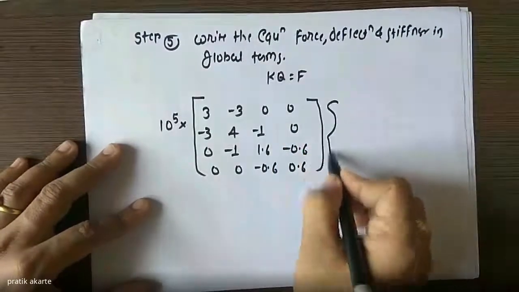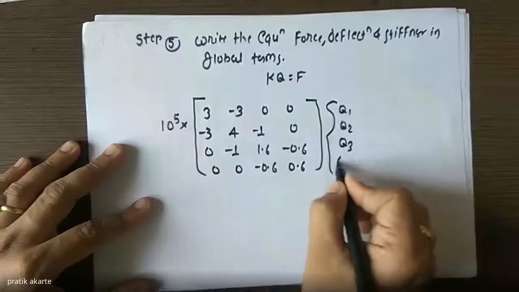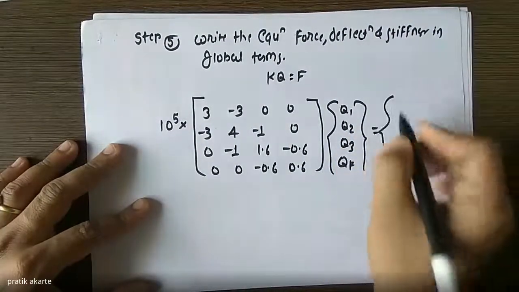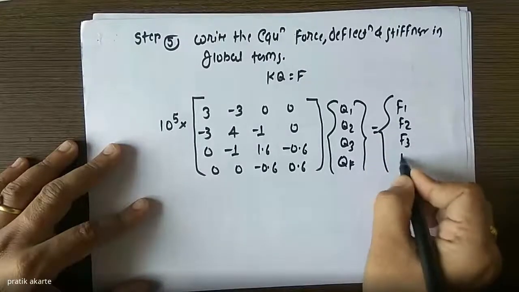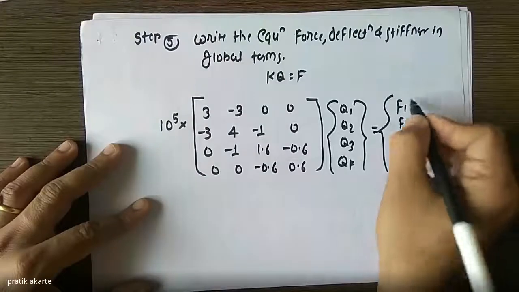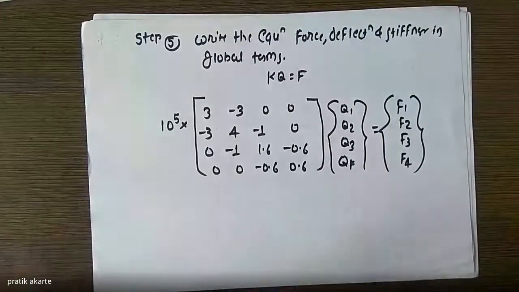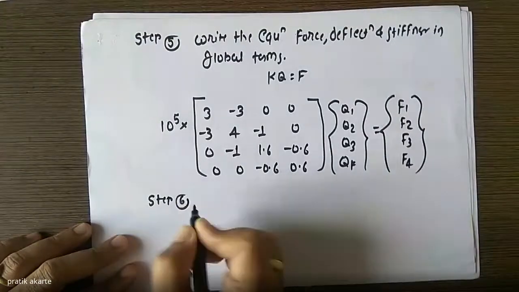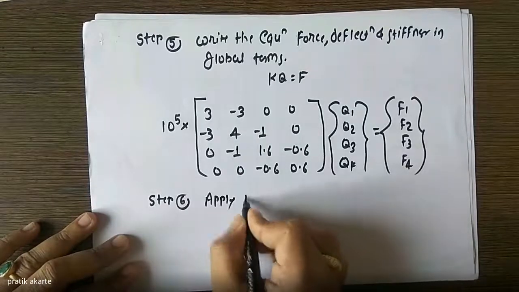Q I can write as Q1, Q2, Q3 and Q4, and F as F1, F2, F3 and F4. So this is my equation ready. Now step number 5 is done. Step number 6 is apply boundary condition.